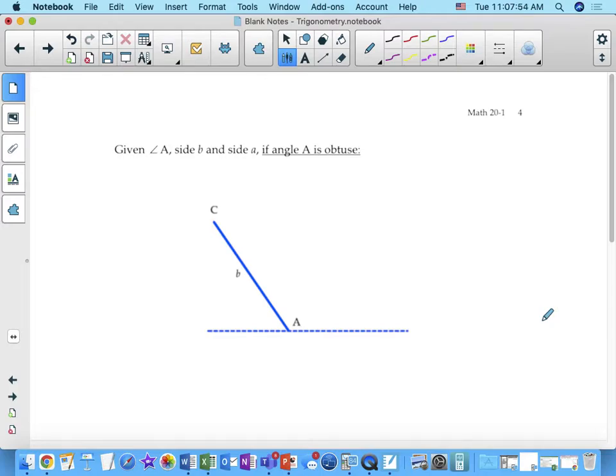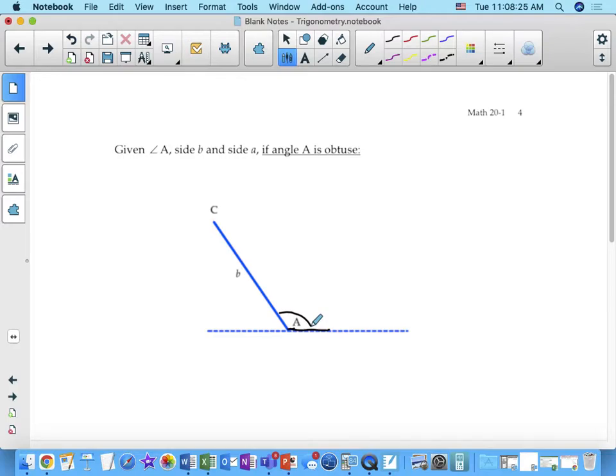We haven't actually looked at that scenario. Okay. Well, if angle A is obtuse, here's angle A over here, right?